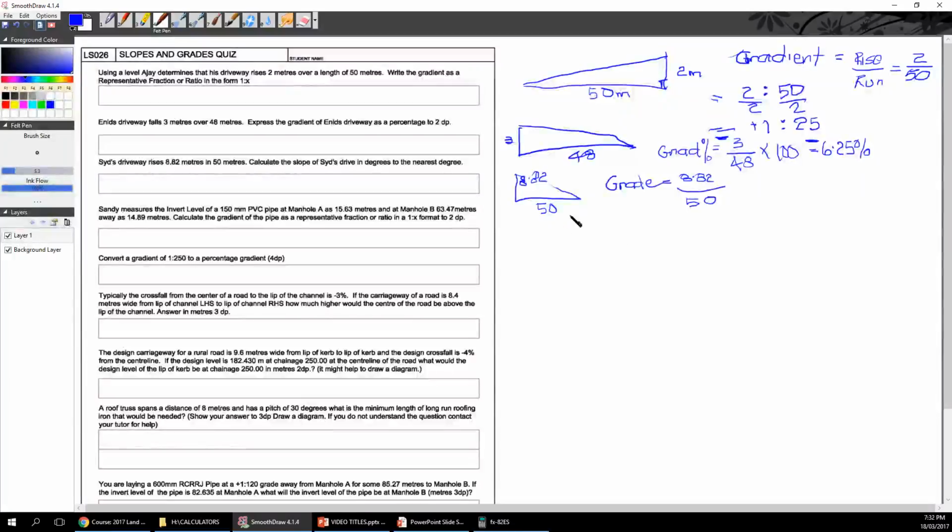It's in fact the angle that we want, so let's have a different colour. The angle we want is this angle in here. You can do it using trigonometry, SOH CAH TOA.